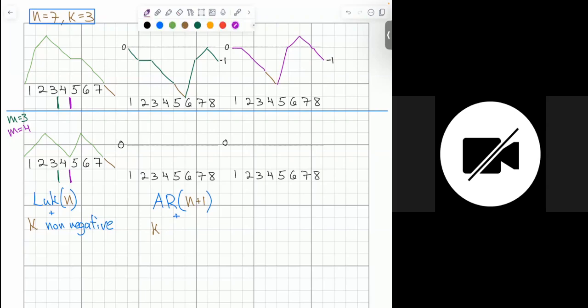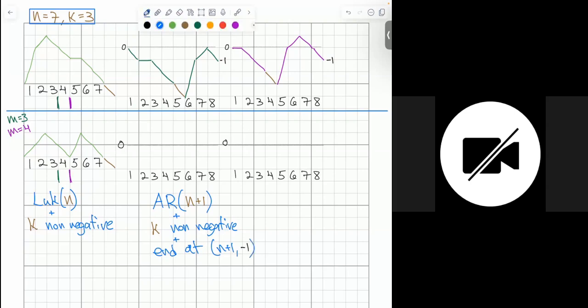Let's be consistent with the colors. With an additional condition that they end at n+1 and -1. Okay, this -1 we see on the right here.